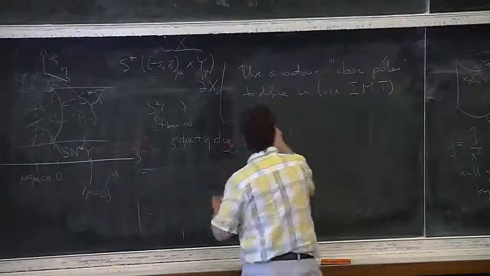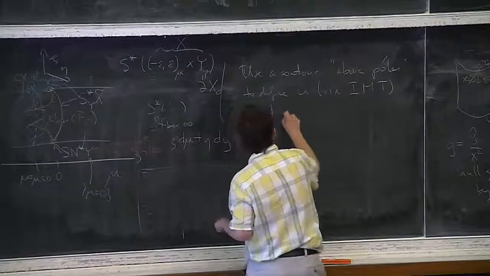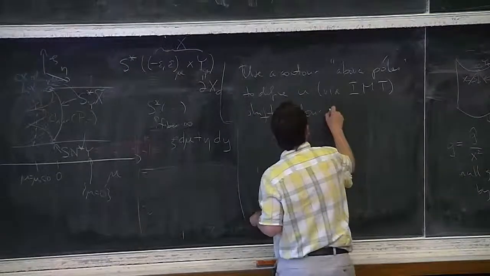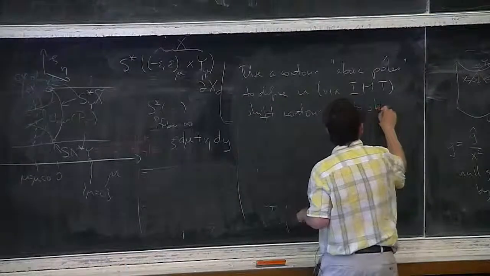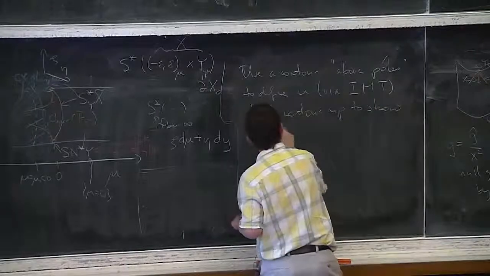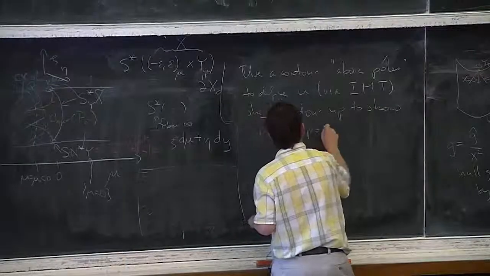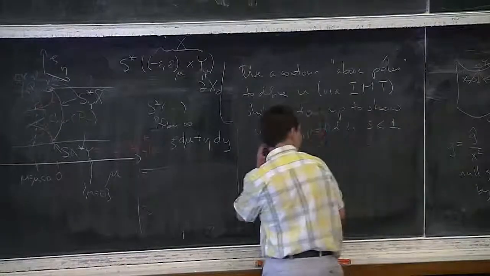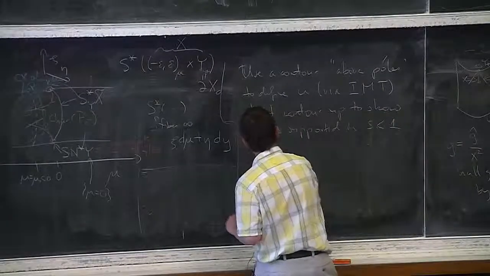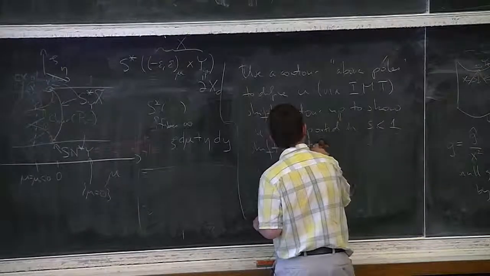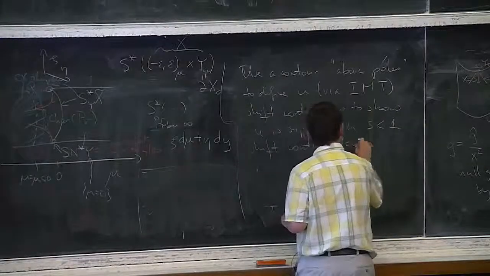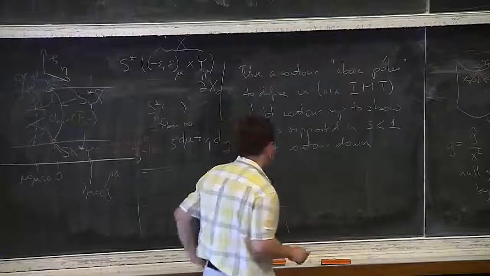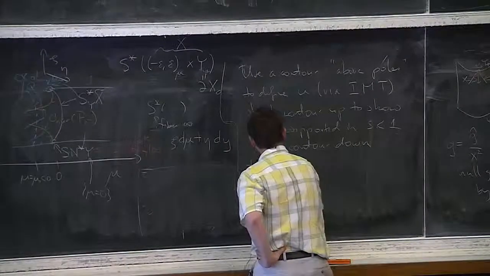And then shifting the contour up to show u is really supported in s less than 1. And shift the contour down to get an asymptotic expansion of u.